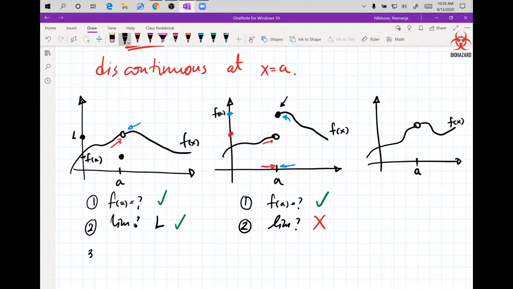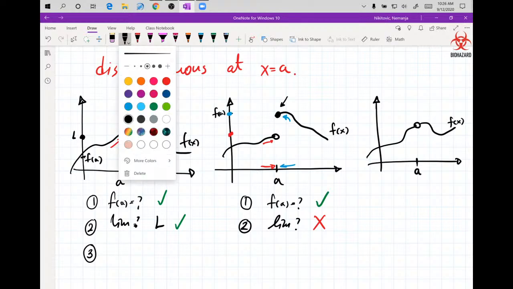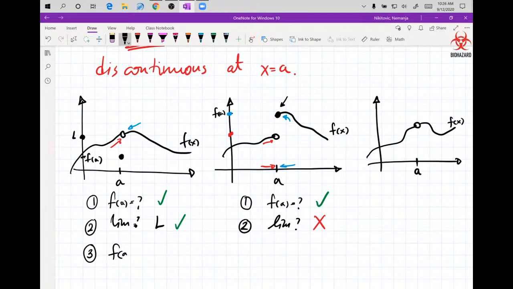How about the third rule? Nope, right? For the third rule, f of a is not the same as L, because L is all the way up there, and f of a is down there. They're not the same. So the function is discontinuous.